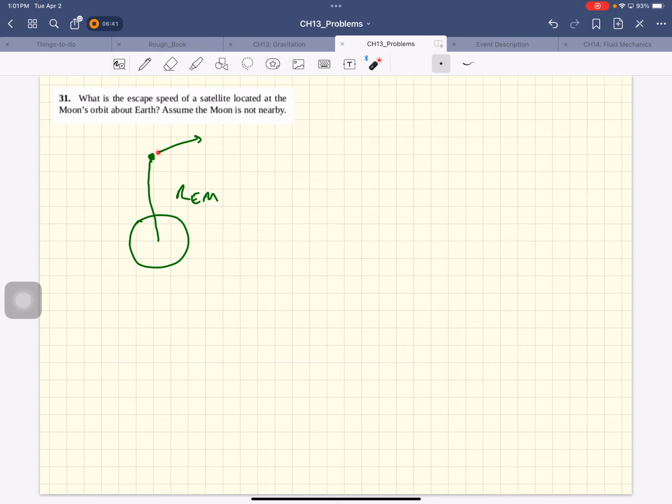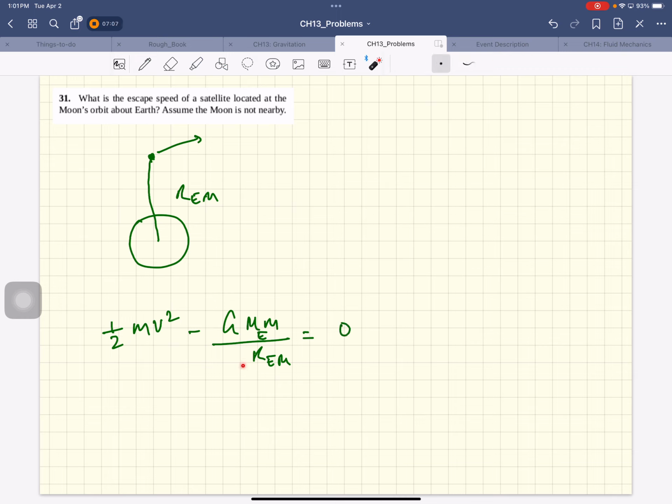Okay, so what you want is, if you have escape velocity, if you escape, what will happen at infinity? You go to infinity and you come to rest. Okay, so what you want is, here's how you calculate the escape velocity. The kinetic energy at this point plus the potential energy at that point should equal 0.